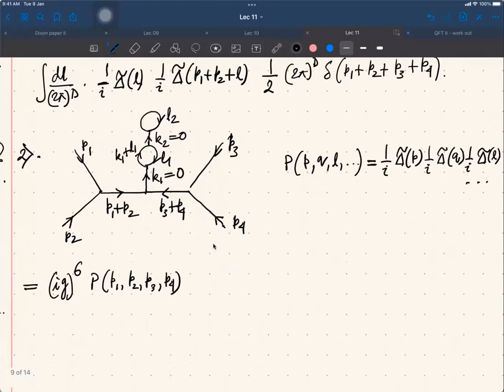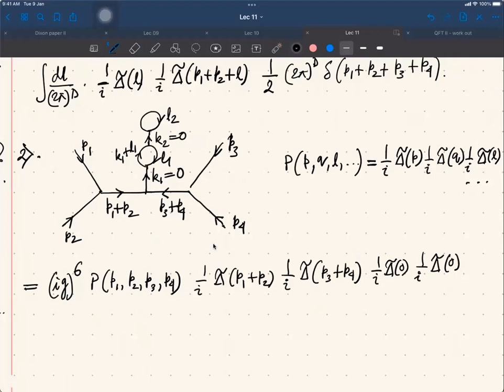Then for the internal legs, we have 1 over i delta tilde P1 plus P2, 1 over i delta tilde P3 plus P4. Then for K1, 1 over i delta tilde 0, for K2, 1 over i delta tilde 0.